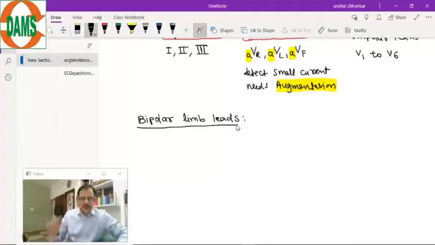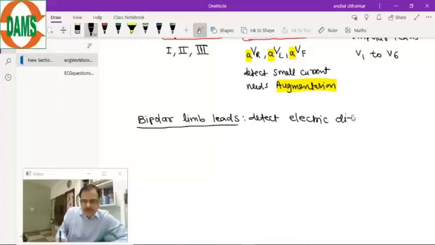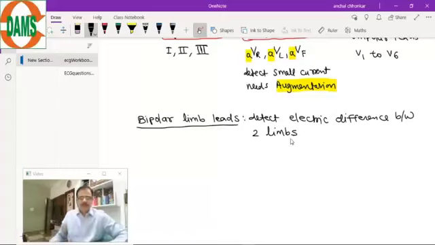Bipolar limb leads basically detect electrical difference between two limbs. So they detect electrical difference between two limbs.